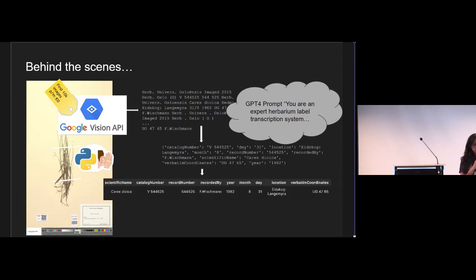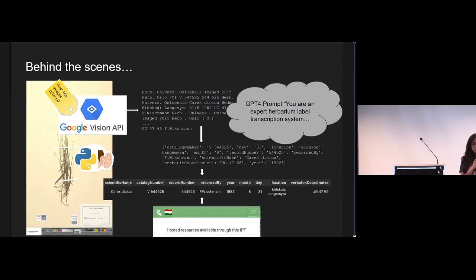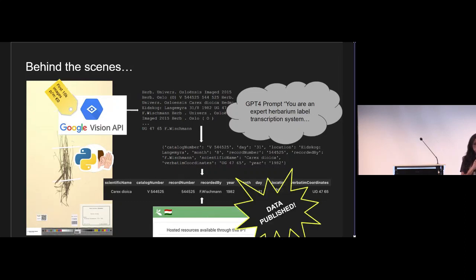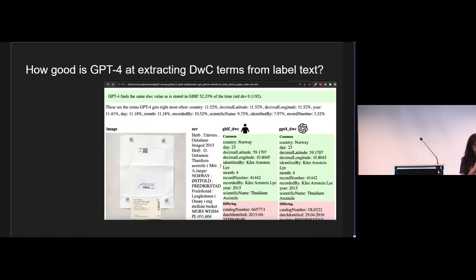These Darwin core terms get appended to a text file. And that text file is set up in an IPT as the source for a dataset. The IPT is automatically publishing that. So this is an automated kind of hands-off approach to the data publication from the back end.